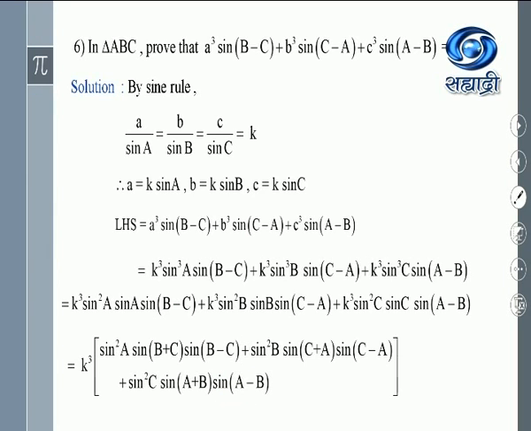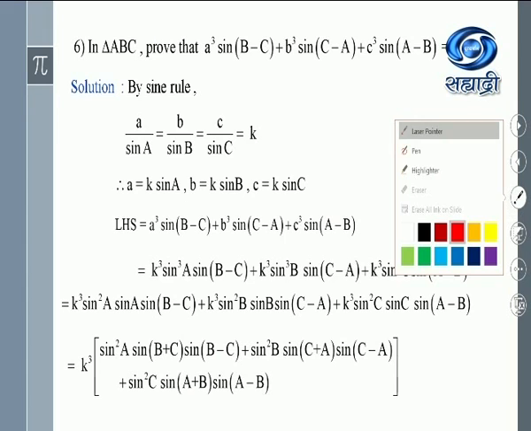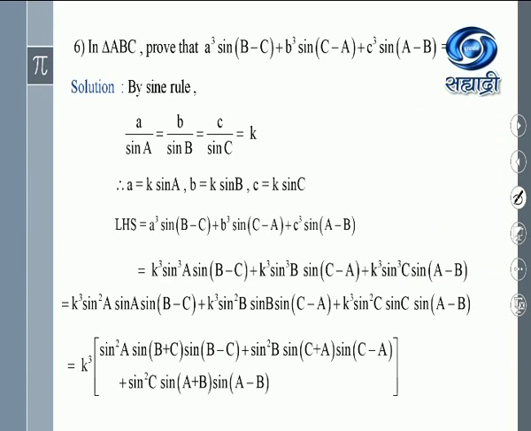Now the question is, this term sine a, I am writing sine of b plus c. This term sine b, I wrote sine of c plus a. This term sine c, I wrote sine of a plus b. See how? You know a plus b plus c is equal to pi, right?